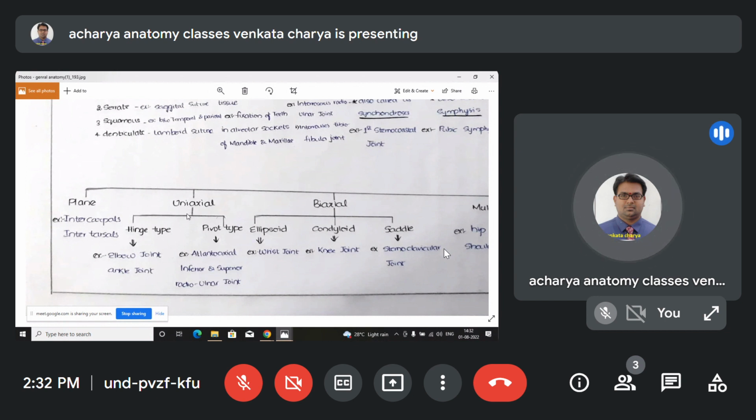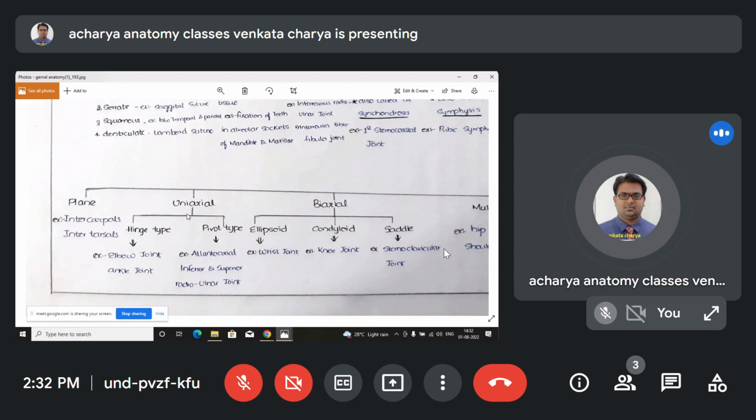So whenever there is one axis in a joint, it produces two movements. Some joints have two axes, which means four movements. Some joints have three axes, which means six movements.